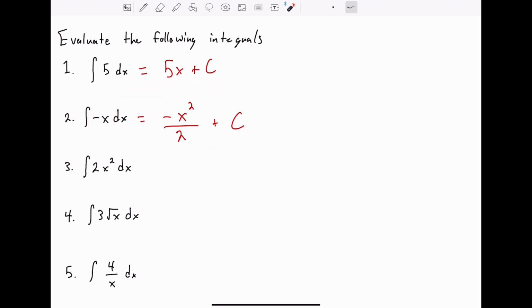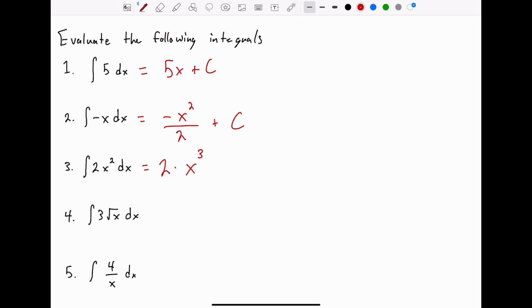All right, now we have the antiderivative of 2x squared. The 2 is just a constant multiplied out front, so we just continue to multiply that constant. And now we focus on the integral of x squared. This is a power. The antiderivative of a power is to increase the power by 1 and divide by that new power. So x squared becomes x cubed.